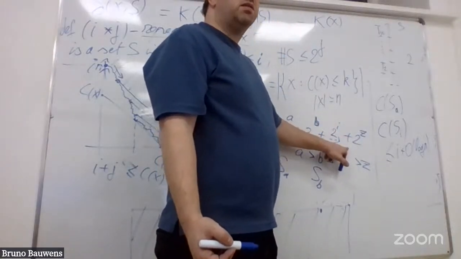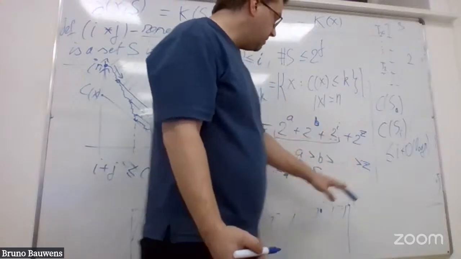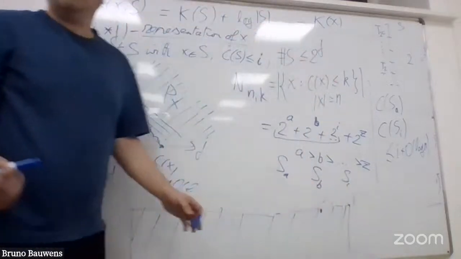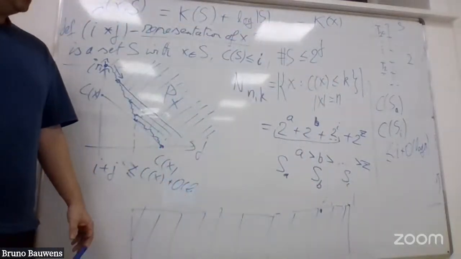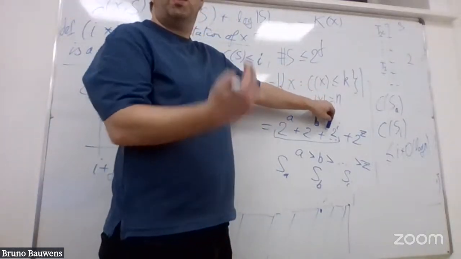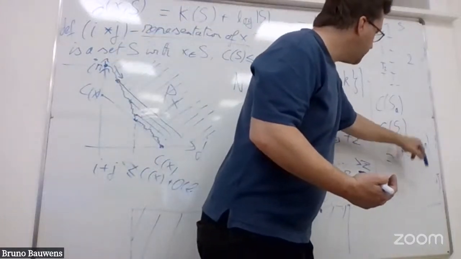Then the next block of 2 to the power i strings is precisely our set S_i. So actually, you need to know the previous ones in the number. And so here we have C(S_i) is smaller than i.